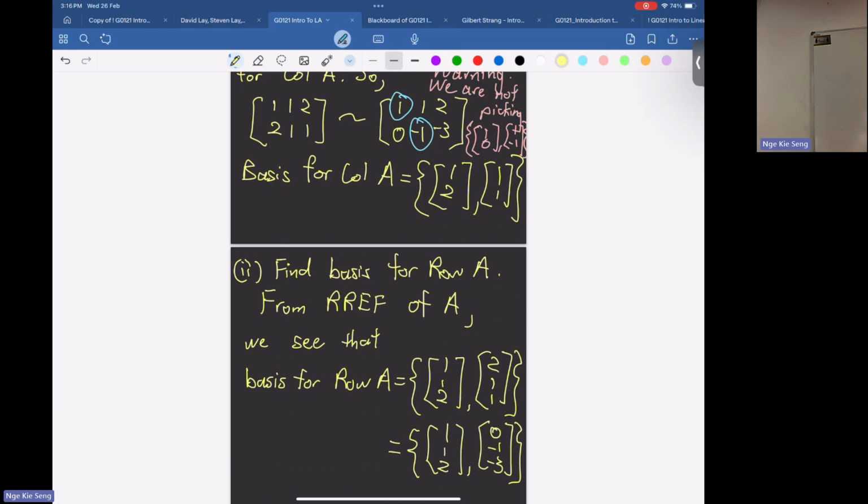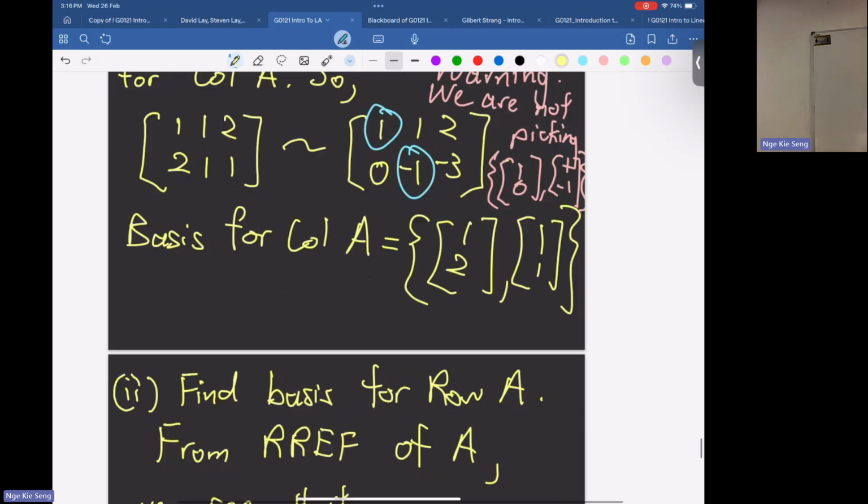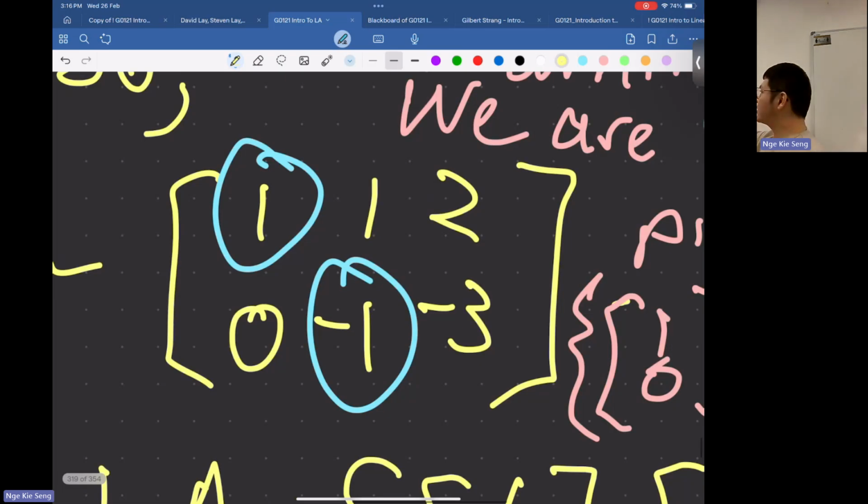But how do you see linear independence here? After you row reduce, can you see that you cannot actually get one vector from the other? No matter what scalar you multiply to the other vector, you cannot get the one in the first spot.